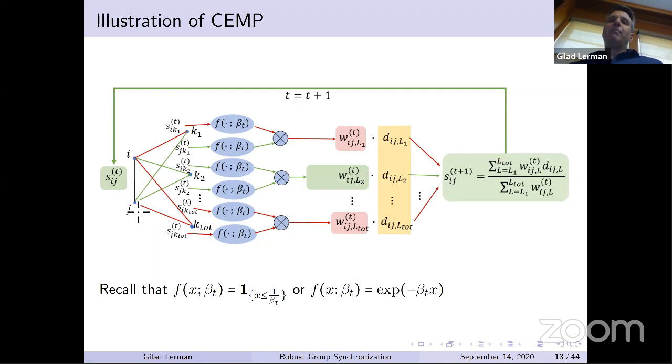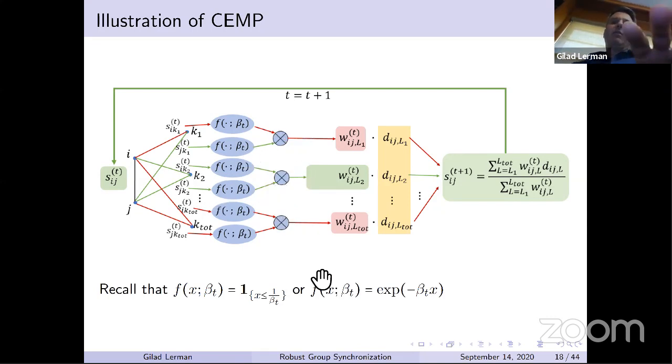Now to get a better estimate, I look at all cycles containing ij, and for each edge in each cycle, I compute these reweighting functions. And if it's bad with this hard threshold function, I expect to get 0 usually. And if it's good, I expect to get 1. Then I multiply the two. So here, when I have a bad one, it usually will be 0. When I have two goods, it will be 1.